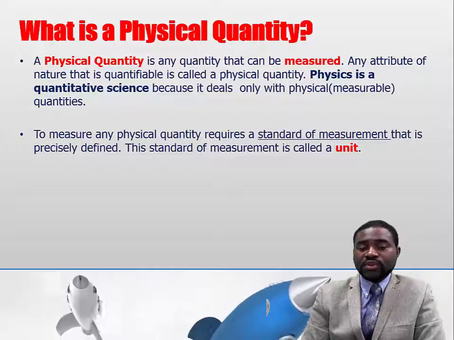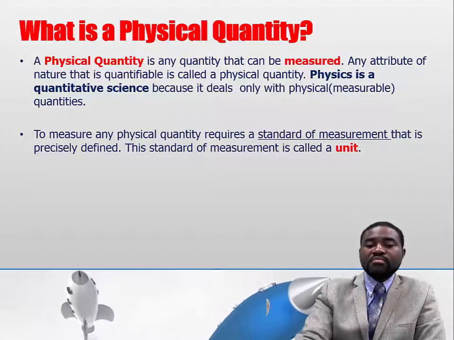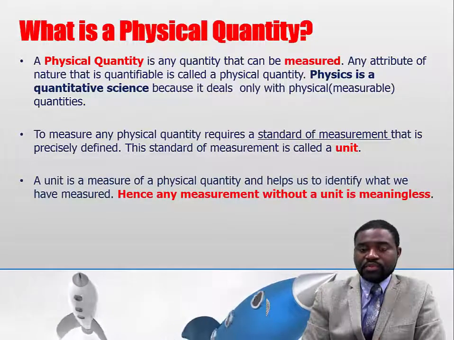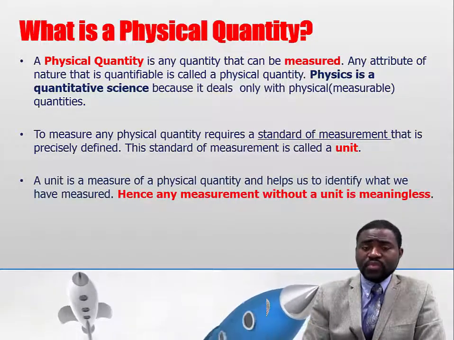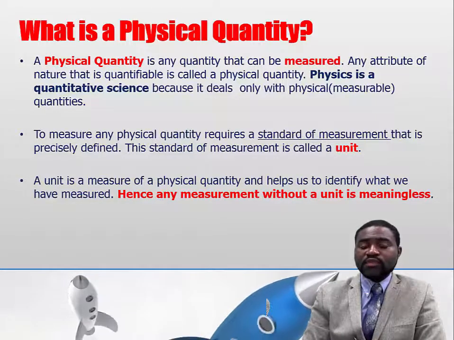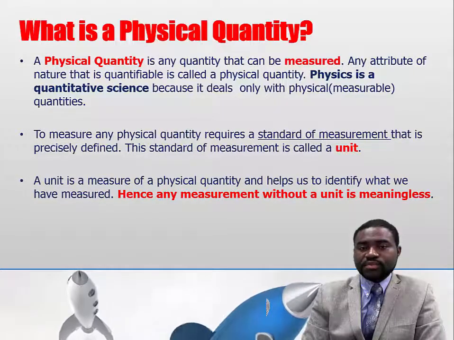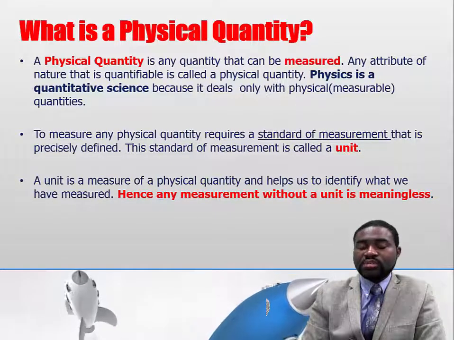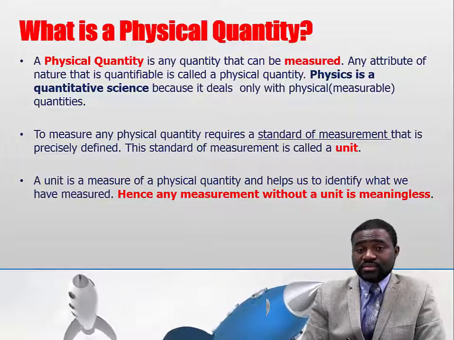A unit basically is a measure of a physical quantity. Let me put it this way. A unit will help you to identify what is being measured. And without a standard of measurement, the measurements will not even make sense.